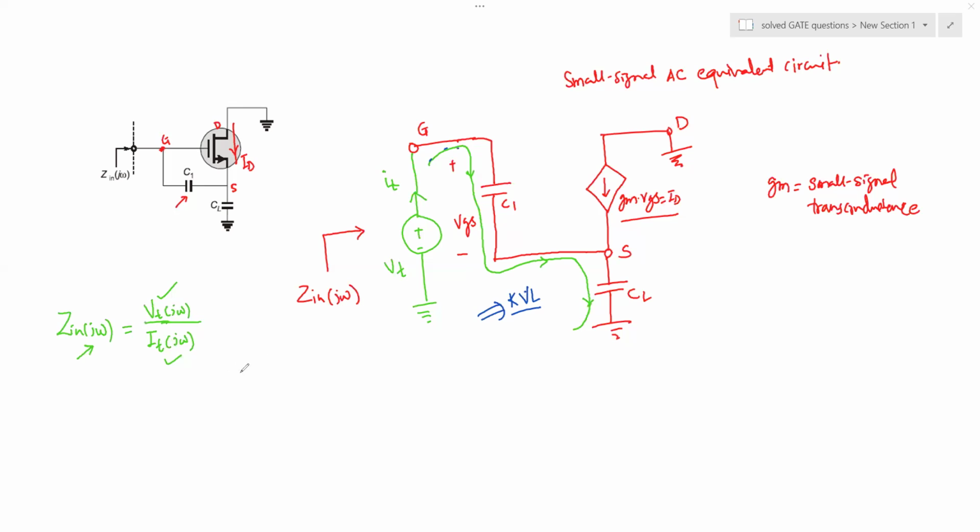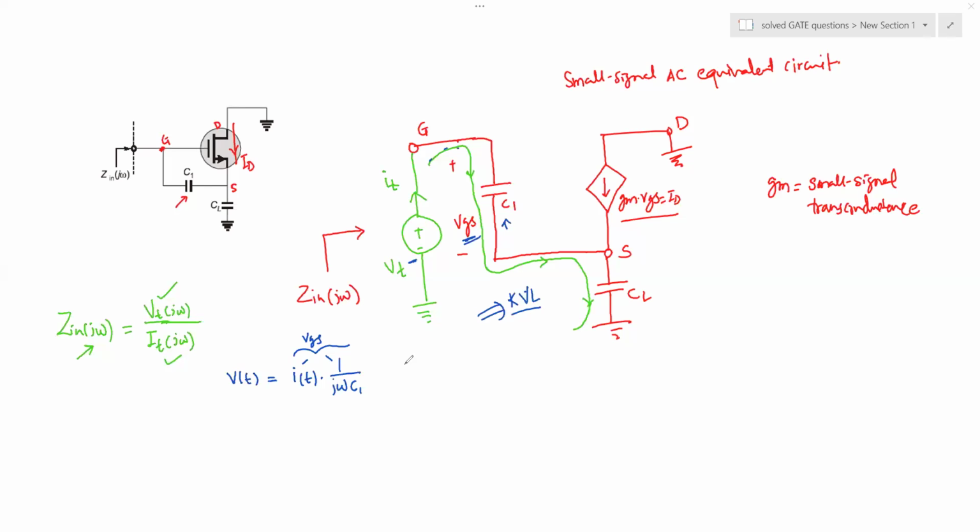I will write V of t is equal to, that is this voltage right over here, is equal to, obviously there is the current flowing through this capacitor, so the voltage drop across this capacitor is VGS, or the current multiplied by the reactance or impedance offered by this capacitance. So I would say I of t multiplied by 1 over j omega C1, that is the current multiplied by the impedance, is also VGS.